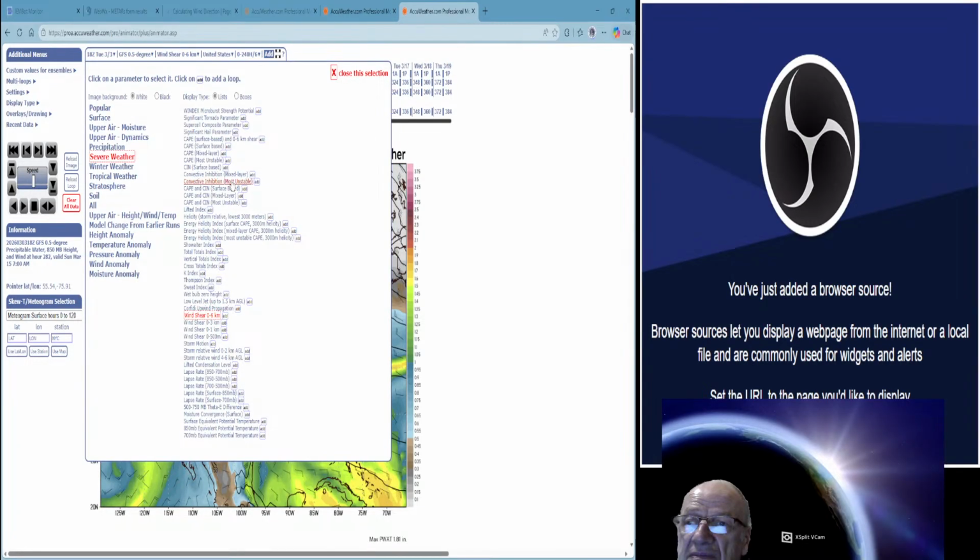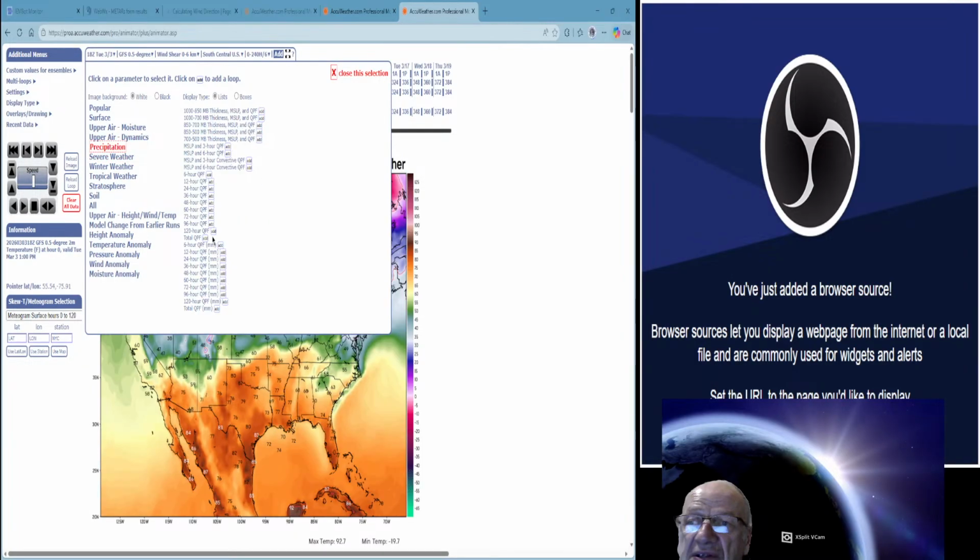I want to change the location though. Okay, and we'll get the precipitation. And we'll do this in 6-hour intervals, if it'll load quick enough.